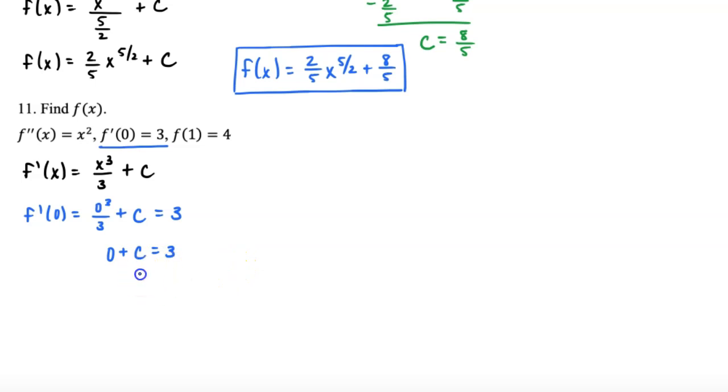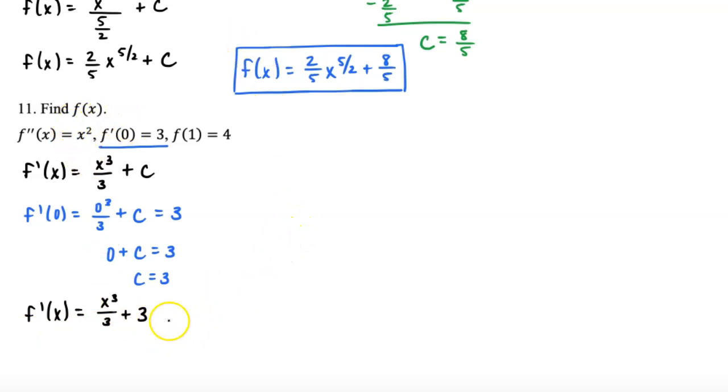Well, that really just means that c equals 3. So this is my first constant. And so now I have to rewrite this derivative, and I get that f prime of x is equal to x cubed over 3 plus 3.